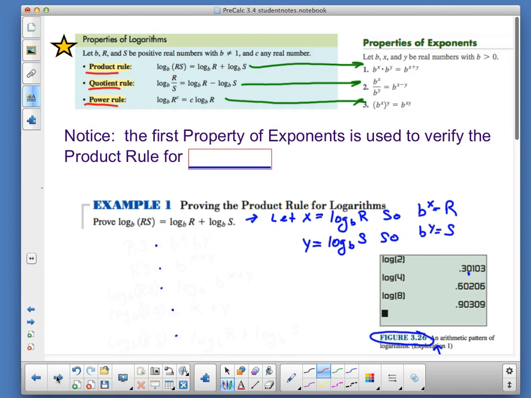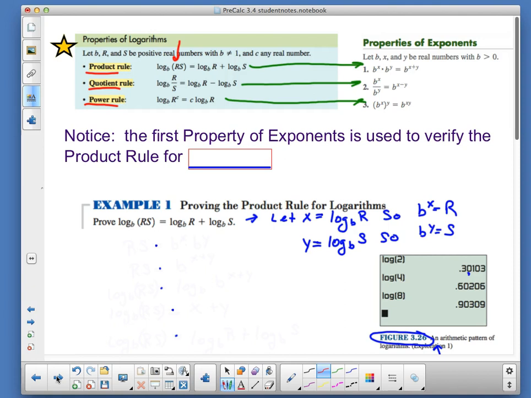We'll introduce them in a different way, but it's the same flavor.